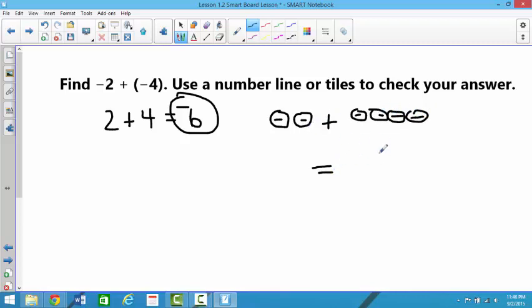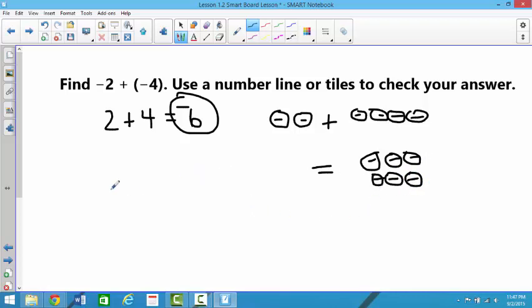Well, 4 and 2 gives me a total of negative 6 tiles. So that's a way you could check it.